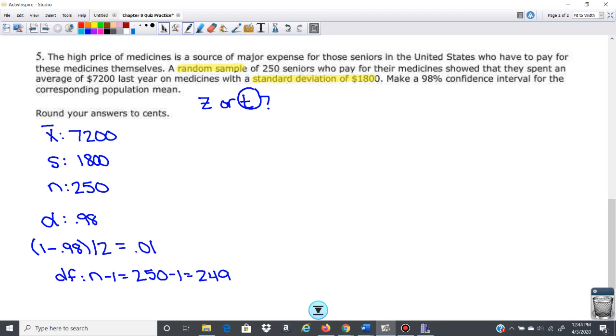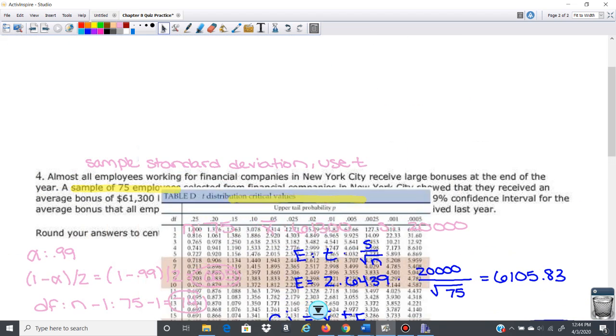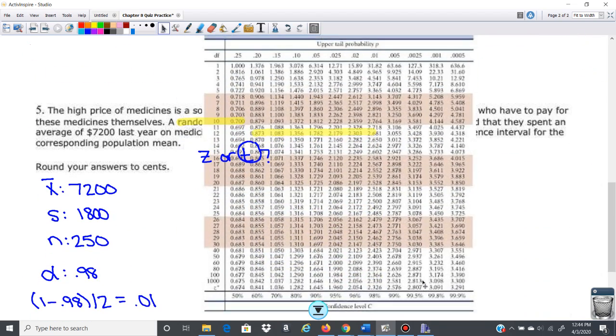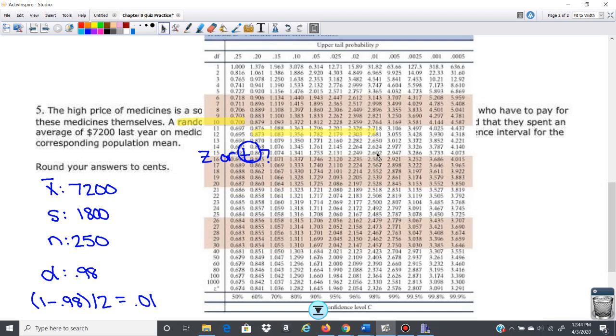If I look that up in the standard T table, let me see where it is here. I think it's up here. Pull that down. Okay, so 0.01, and I don't get a 249 in there. I've got a 1,000. I've got a 2.326 corresponding Z, so it's going to be close, somewhere between there.